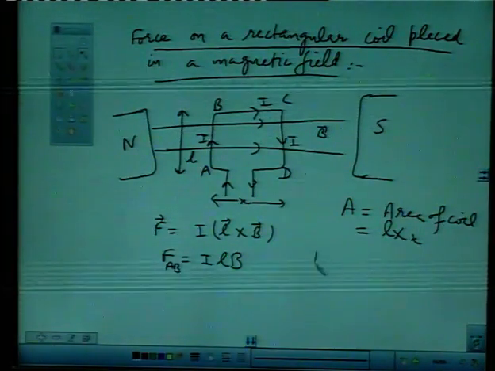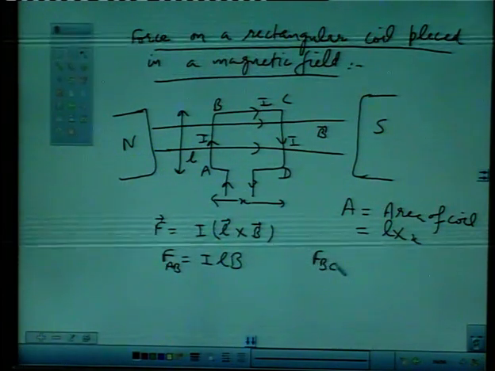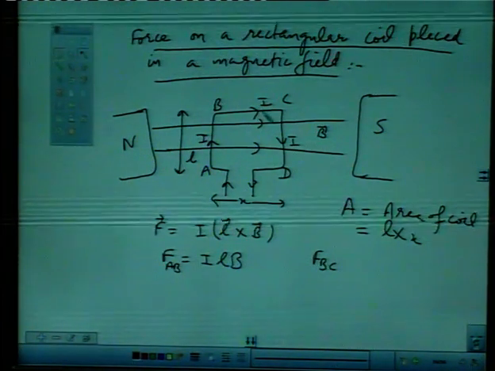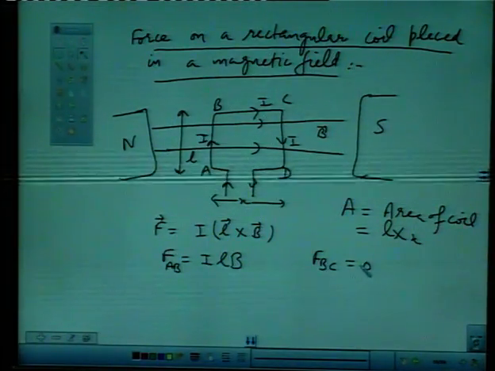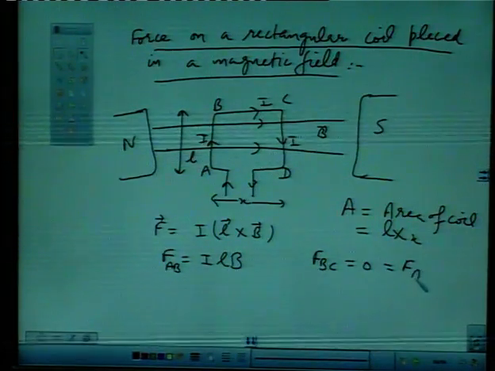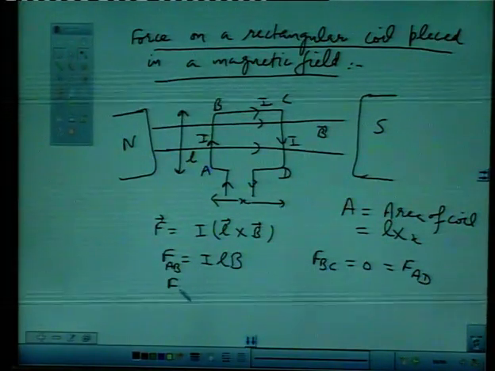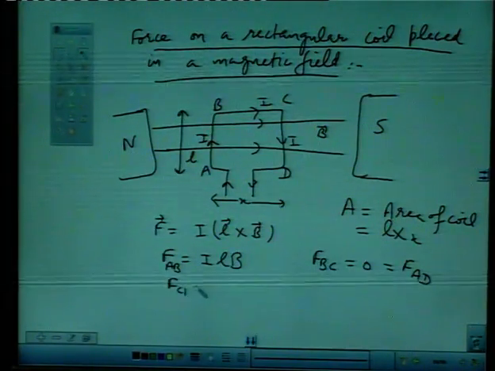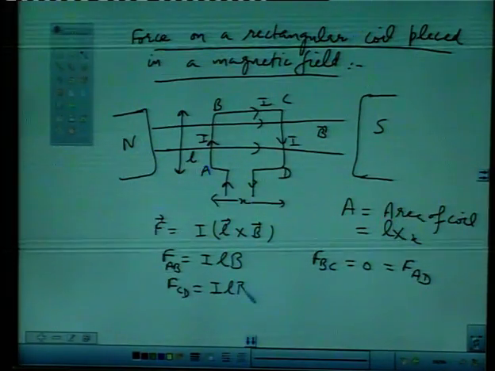If we talk about force acting on the BC side, in this case the direction of current and magnetic field is the same, so this will be 0, and the same is true for the side AD. Similarly, the force acting on the side CD will also be equal to I L B.